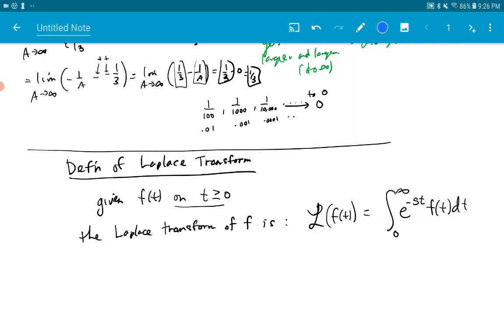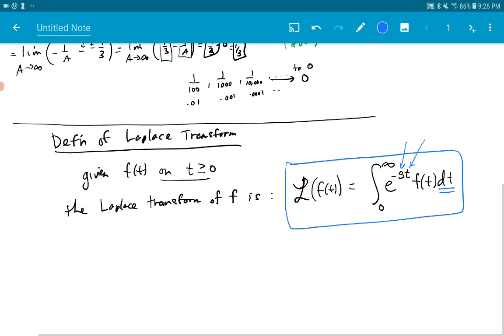It's important to notice a couple things about this. There are 2 letters inside the integral. There's an s, that's not a 5, that's the letter s, and there's a letter t. But keep in mind, we're differentiating with respect to t. So if you were to do this integral, you would end up taking the antiderivative with respect to t, and then you would plug in the limits of integration.